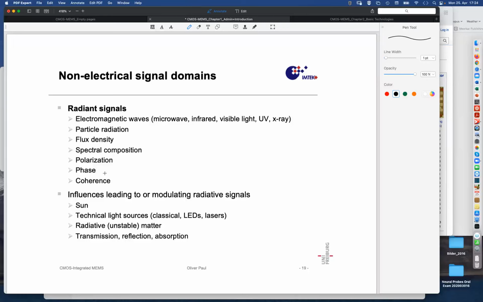And if you have light of different colors, light penetrates silicon to different depths depending on its energy. So you may have absorption at different depths, or you can even detect colors, distinguish colors by semiconductor devices, and it is being done.